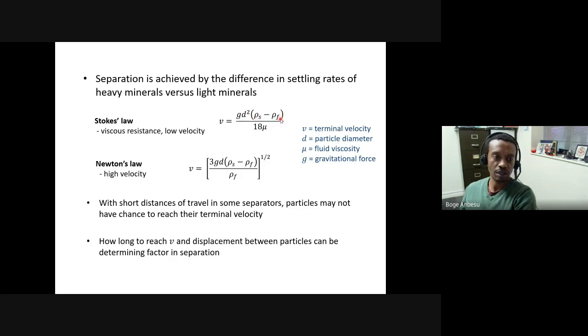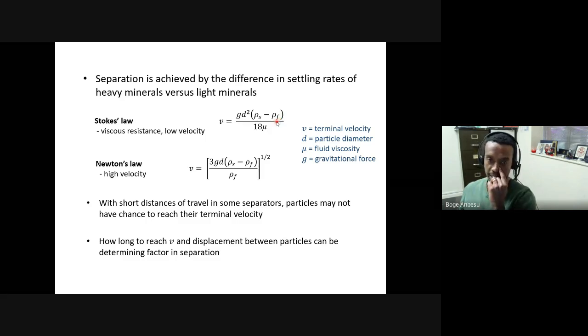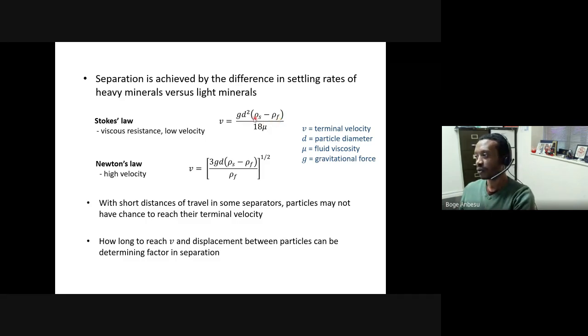So typically in many gravity separators, we use water as the media or as a fluid. Okay, but in any case, we can see how particle size d is related to the terminal velocity in those separators. In other separators where there's a lot of motion of particles, again, settling is dependent on size and density as well.